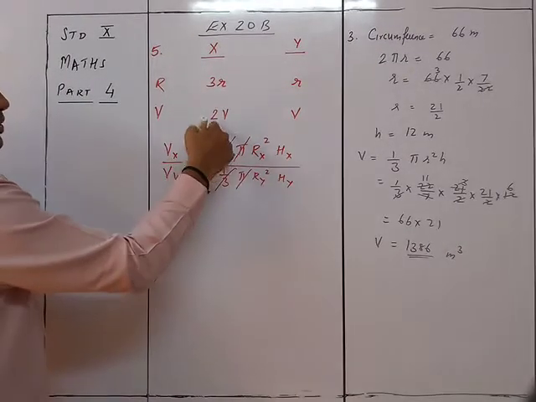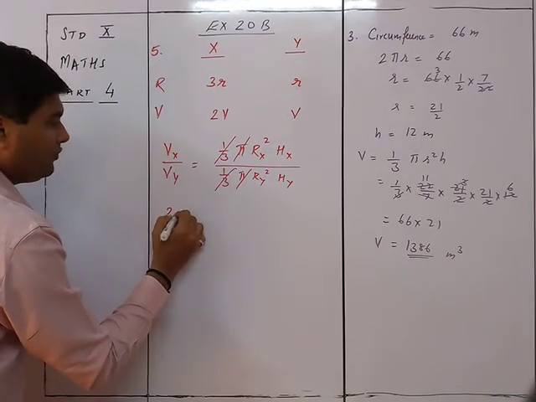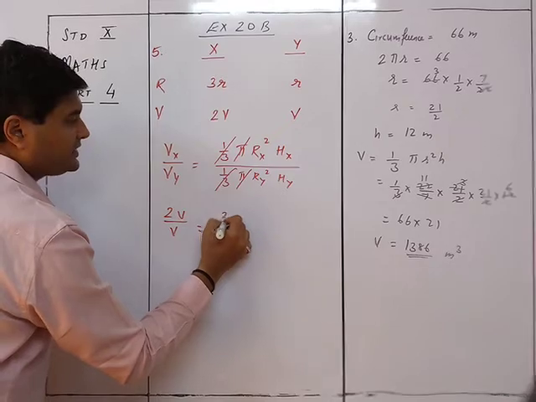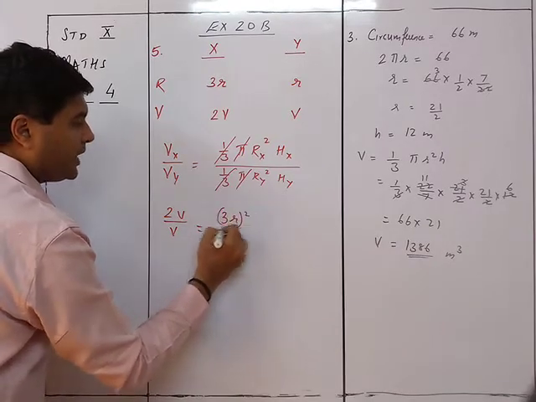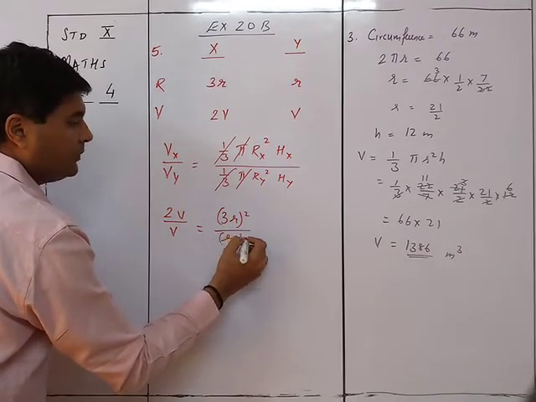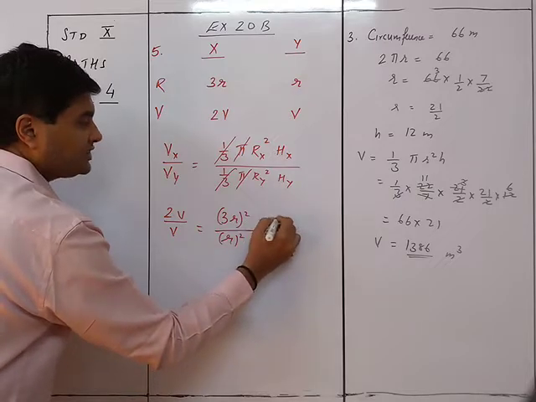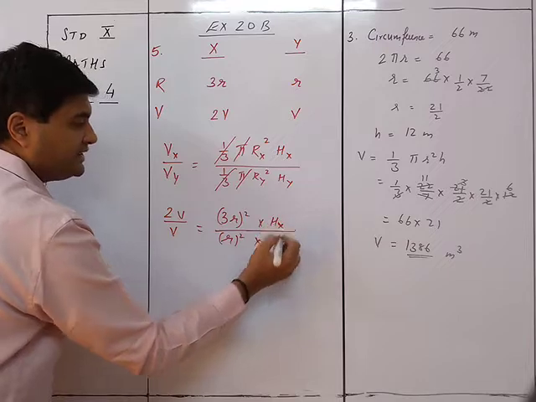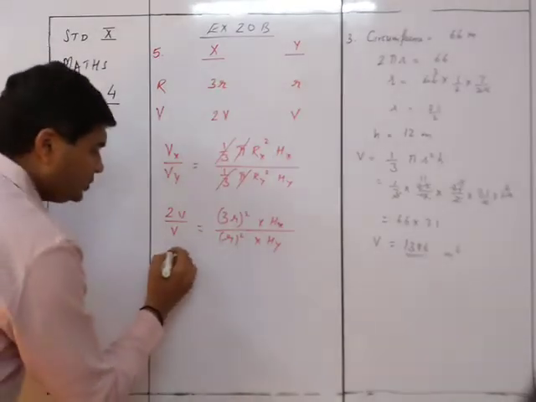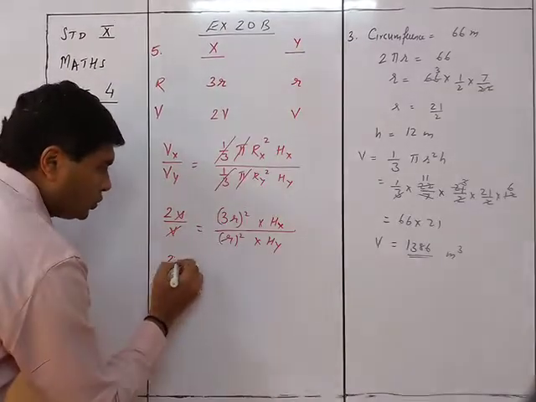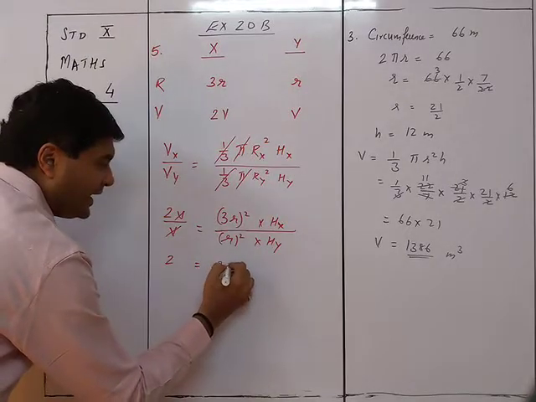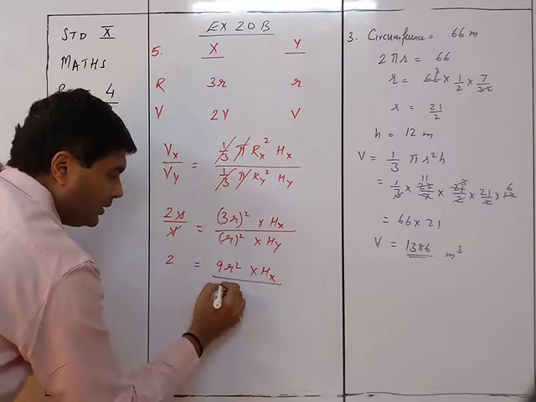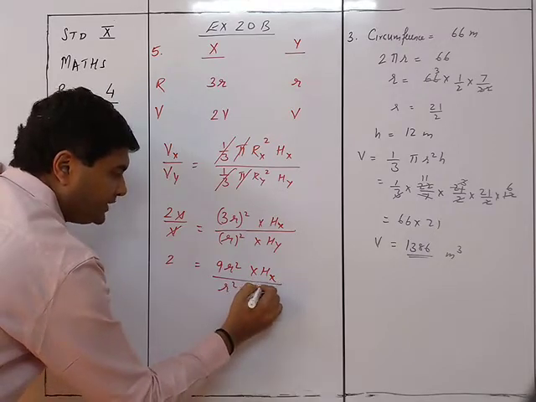Vx upon Vy here is 2V upon V, equal to (3R)² upon R² into Hx upon Hy. So V gets cancelled. So 2 is equal to 9R² into Hx upon R² into Hy.